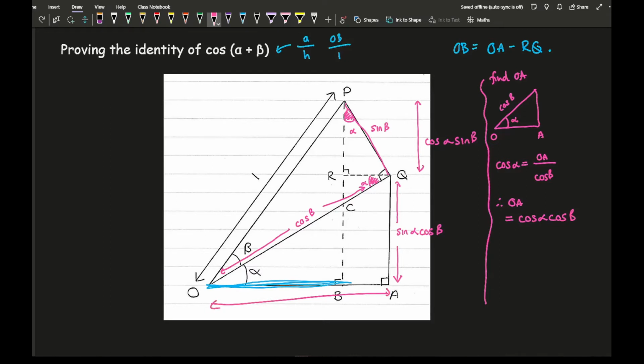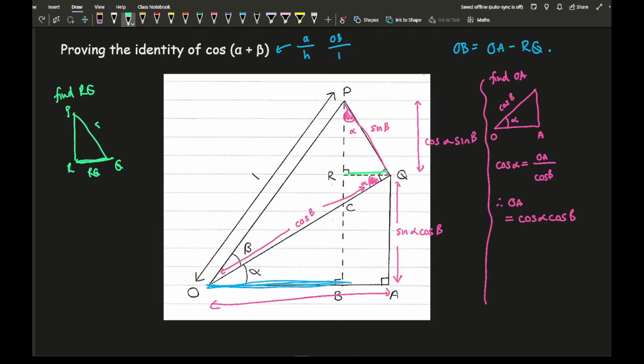Now in terms of finding what R to Q is, finding out what this length here is, I take that triangle of PRQ, and it's this length here that I'm trying to find, so let's just call that RQ.